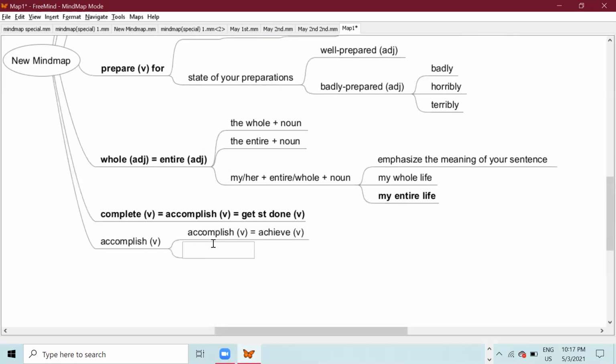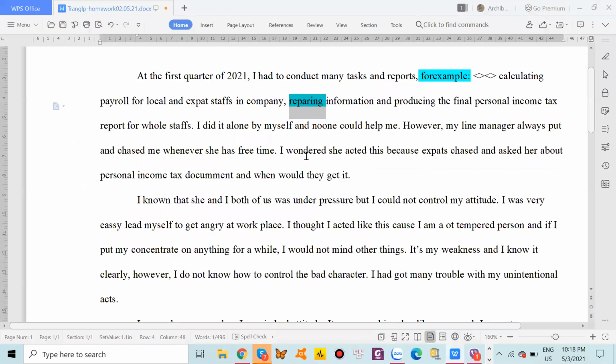I try to achieve more. I try to accomplish more. The next one, you can think of the word accomplish as you try to succeed in something. Achieve, succeed in. And the next one, accomplish, think of the word accomplish as complete, just like I showed you above. So something like this, very easy.